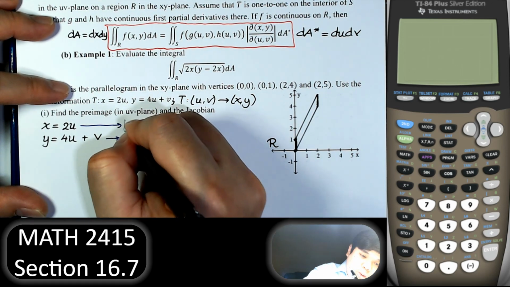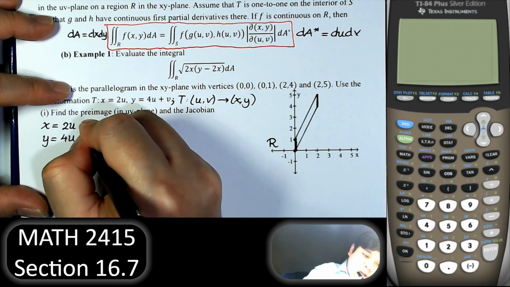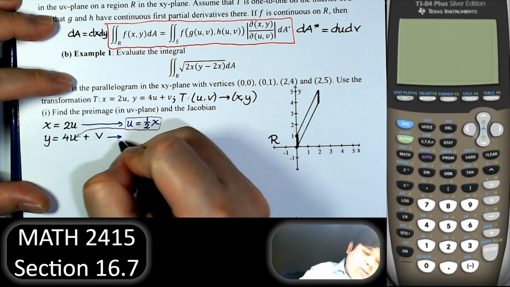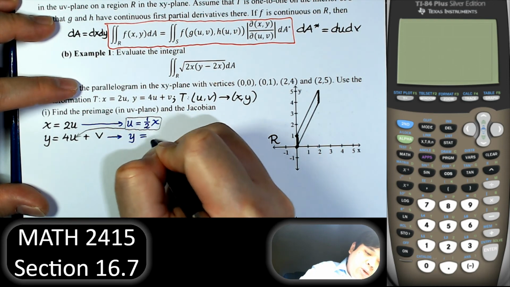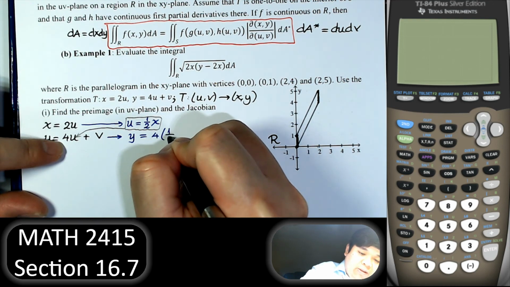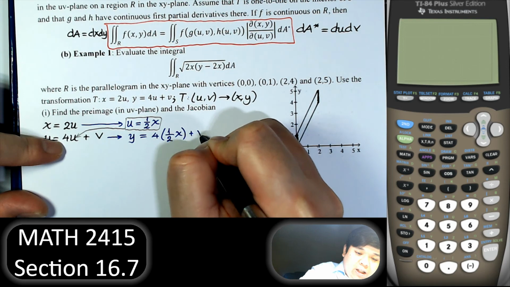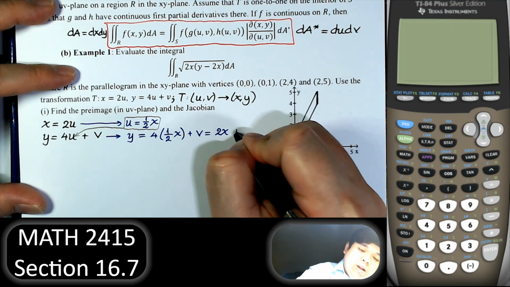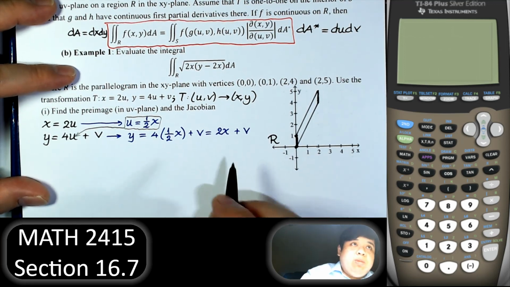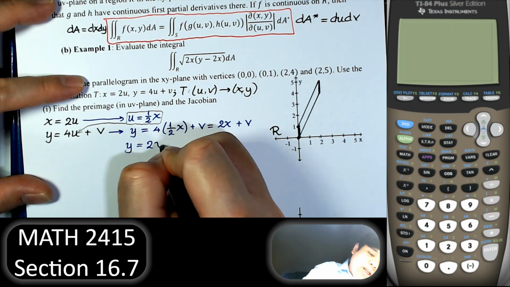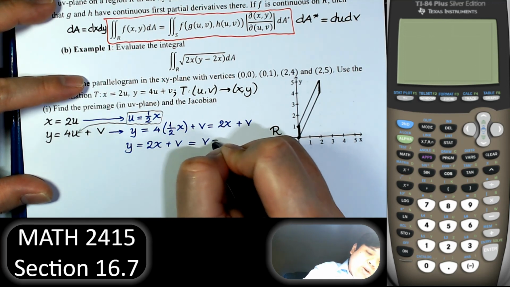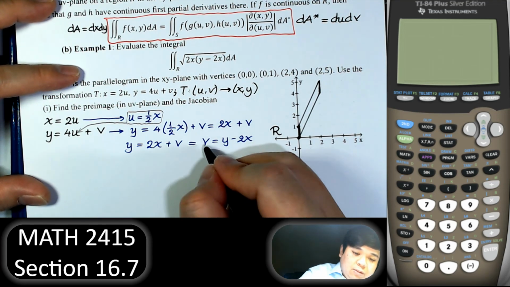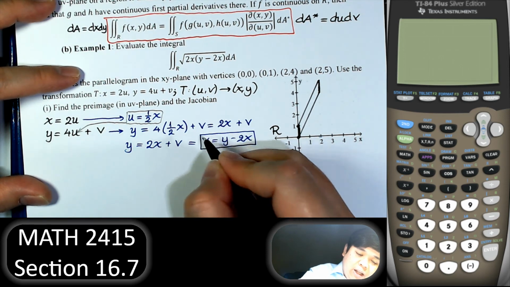Since u is equal to 1 half x, I will substitute into this u. So y equal to 4 times 1 half x plus v. So that cancels out, that is 2x plus v, y equal to 2x plus v. Now if y equal to 2x plus v, then v equal to y minus 2x. So we have v and we have u.